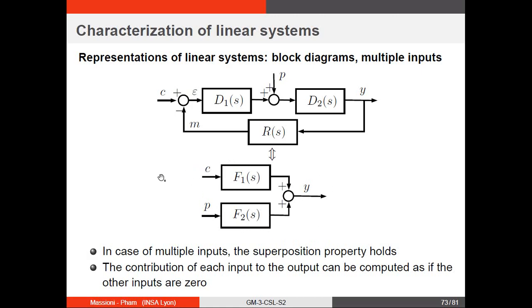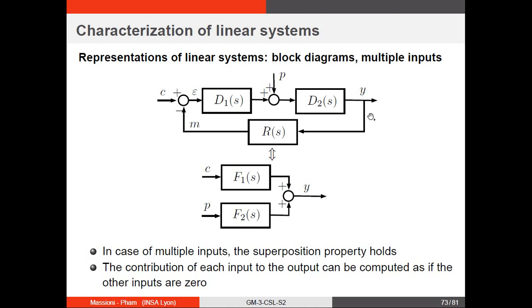You can also think of it as due to the superposition property of linear systems. So when you compute the value of y due to p and c, you can compute the effect due to p by just considering c as 0, and compute the effect of c by considering p as 0. So basically the effect of p on y will be described by F2, the effect of c on y will be described by F1, and then this is what you are left with.